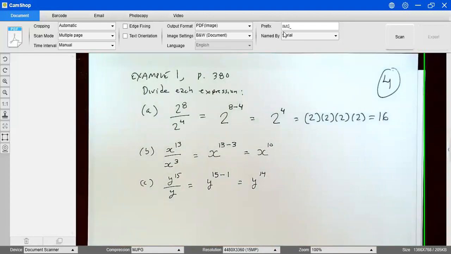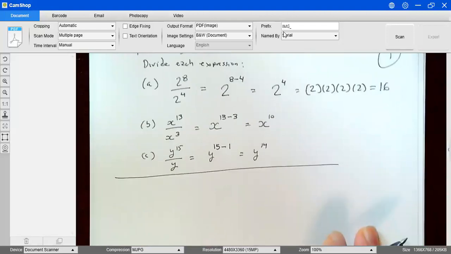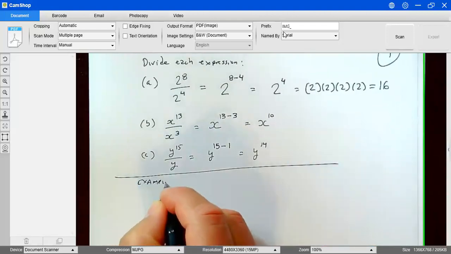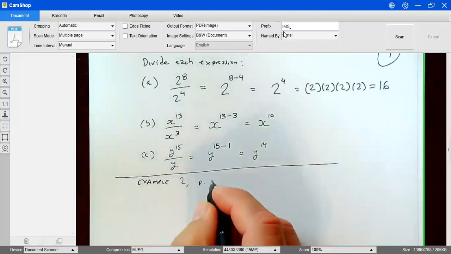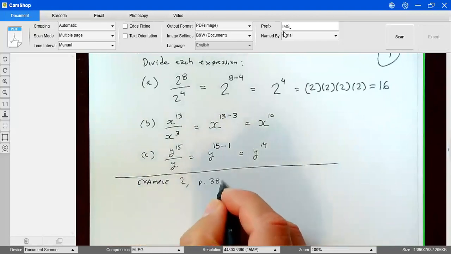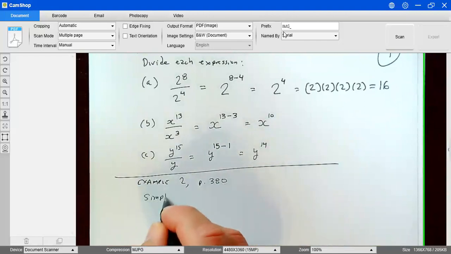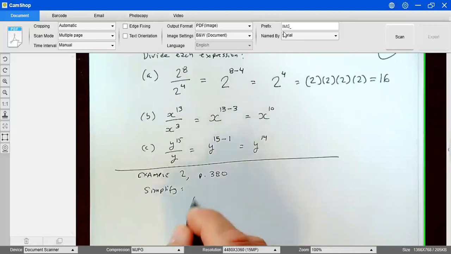Okay, now we're going to work example 2. Example 2 is on page 380. So we're going to simplify the following expressions. We're going to start with the first one.